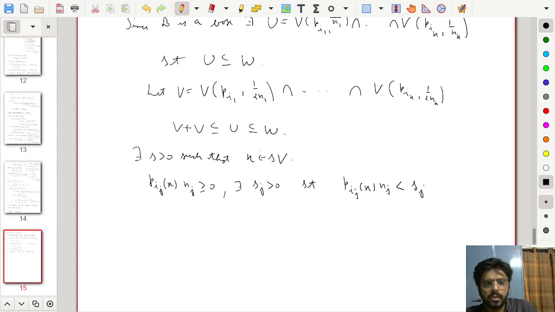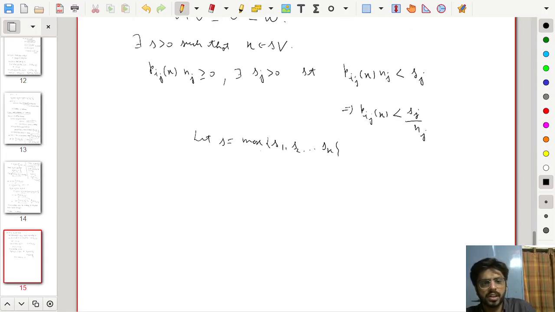This is by the Archimedean property. We can find some big real number such that this happens. This implies p_ij of x is strictly less than s_j/n_j. Now let s be the maximum of all these s_j's, s1, s2 to sk. This single s works for each of them, right?